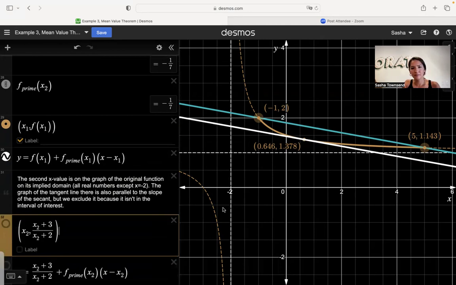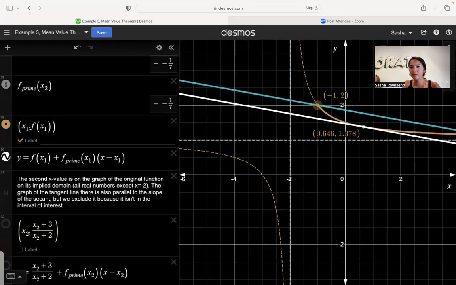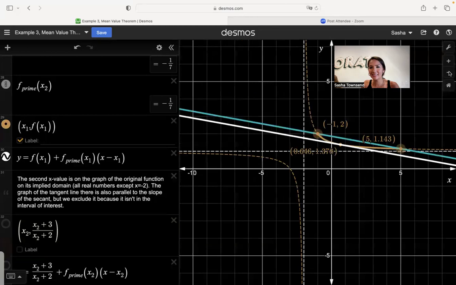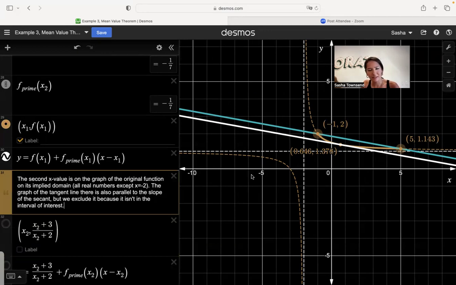Now the other point, we zoom out a little bit. It doesn't count. It's not on our interval. But you might still be thinking about it. You say, okay, well, what's actually happening over there? Well, at x2, we've got a point here. Plot that point.